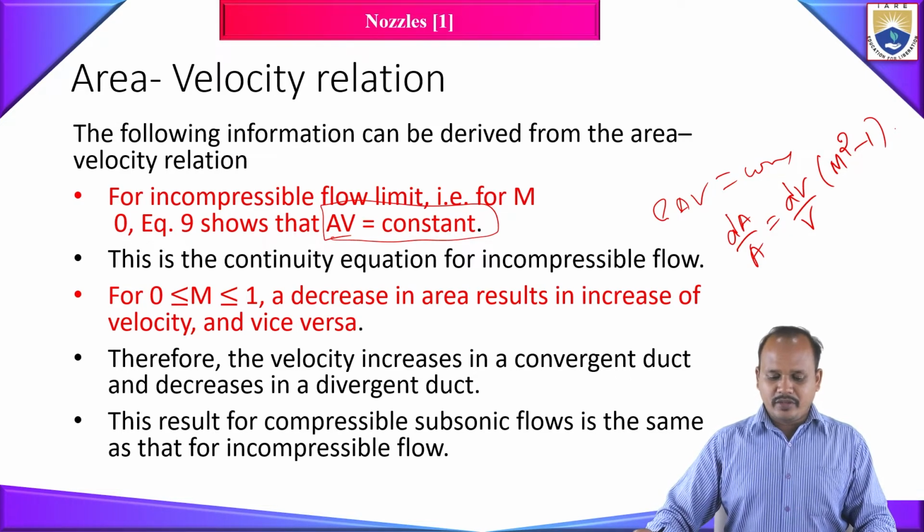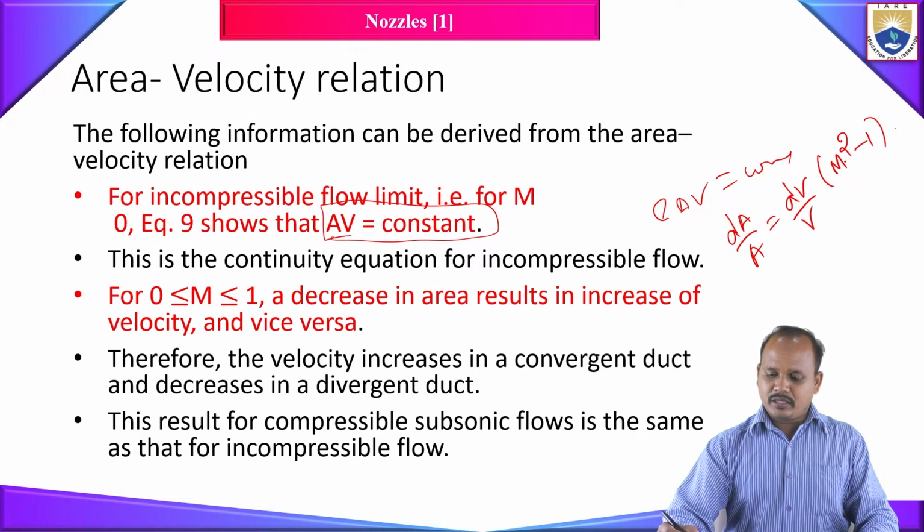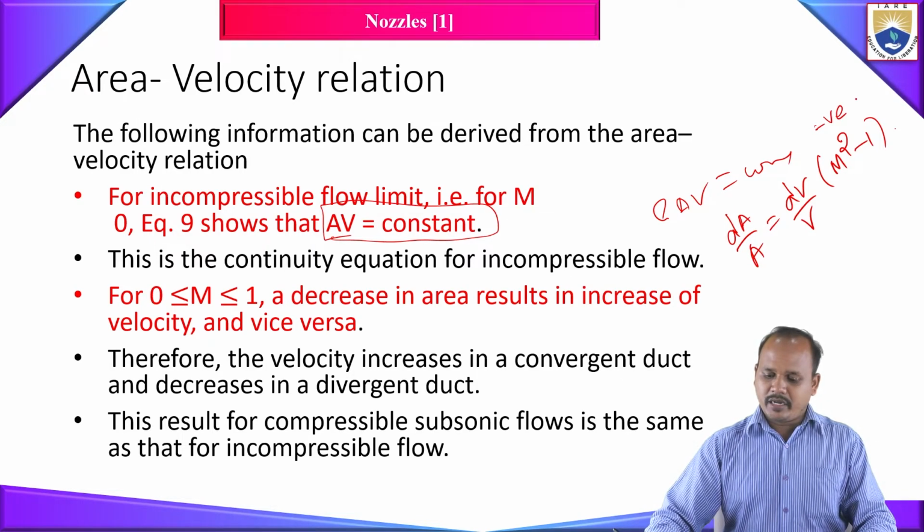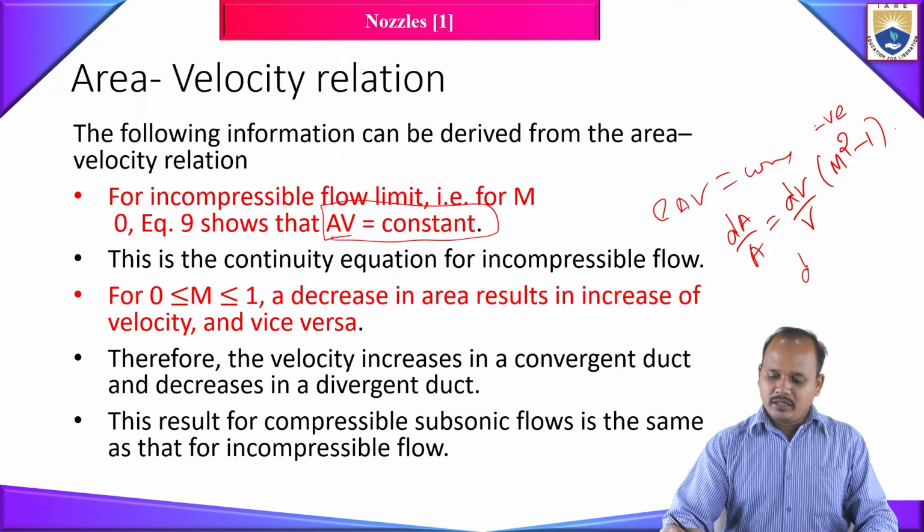So if you take a subsonic flow, what is happening? Here, M less than 1 means this term will become negative. Okay, so what does that mean? You'll have dA by A is equal to minus dV by V.